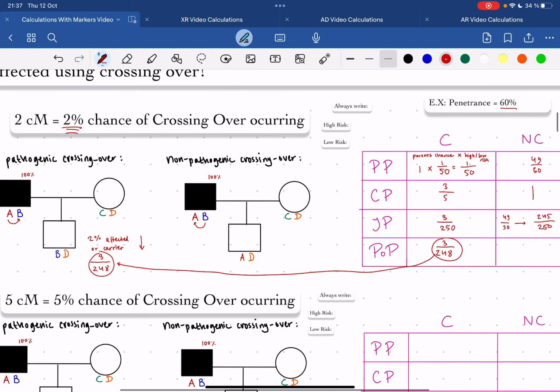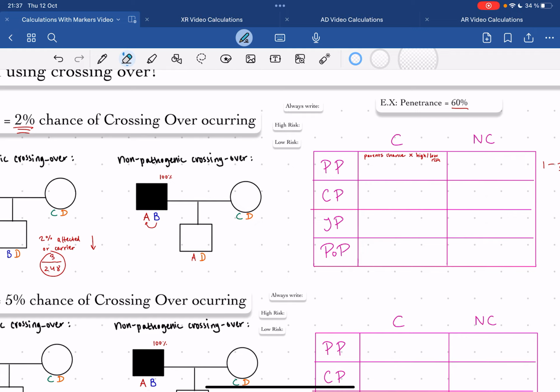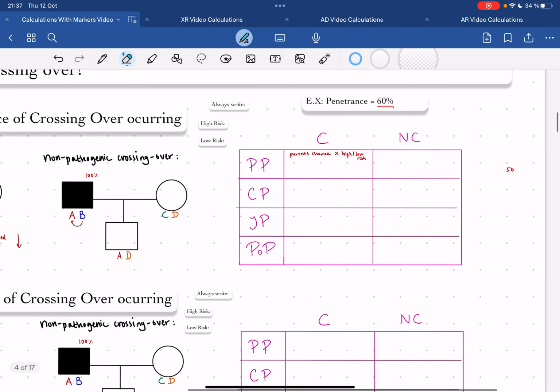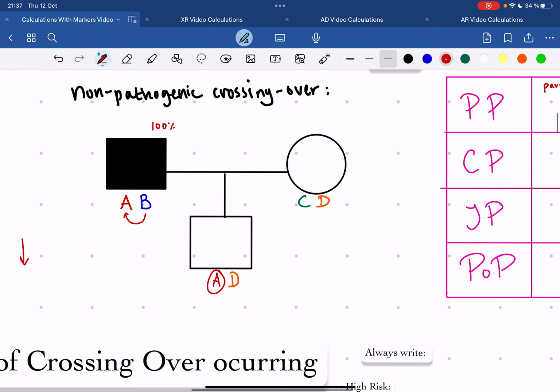Now we can do the same for non-pathogenic crossing over. So let's do that as well. So for the non-pathogenic, it means that this A could be a B undercover. However, the markers are usually right. That means that we have a high risk here.